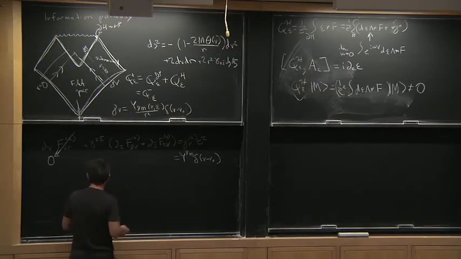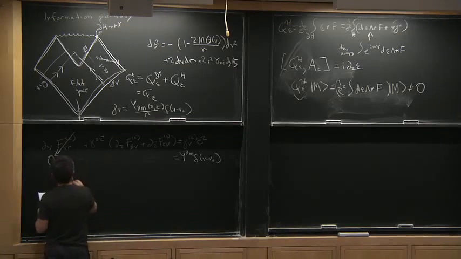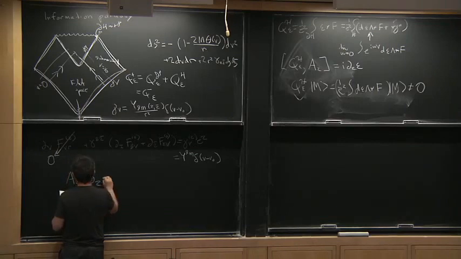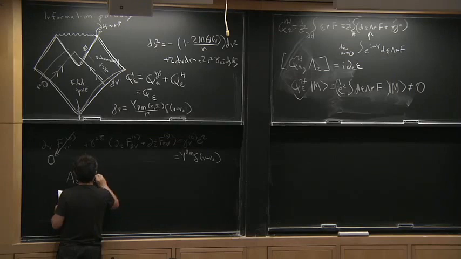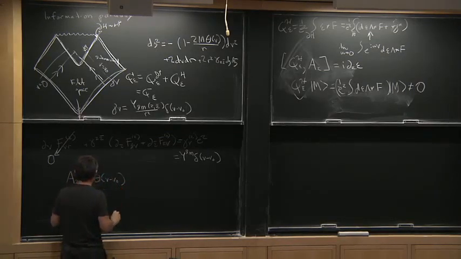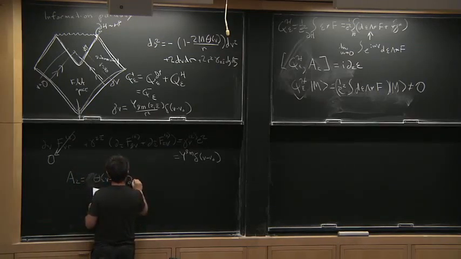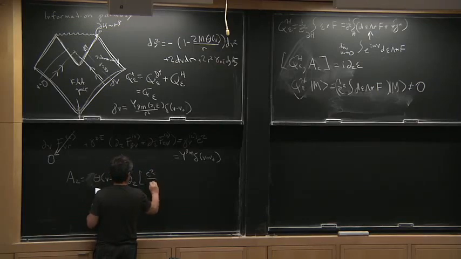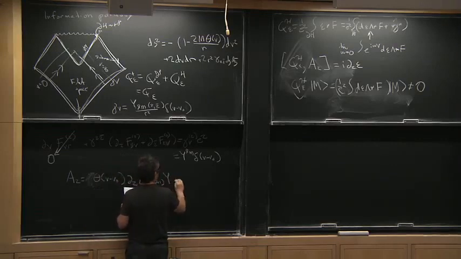And the solution is that A_z is equal to, sorry, let me write it as theta of v minus v_0, d_z, e squared over l plus 1, Y_lm of z, z-bar.